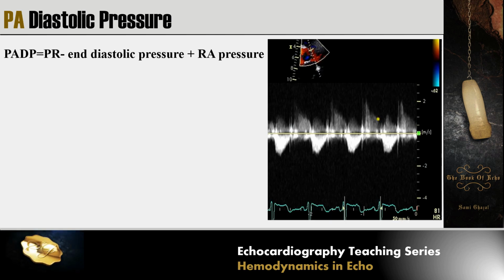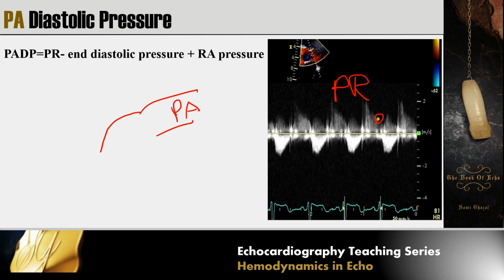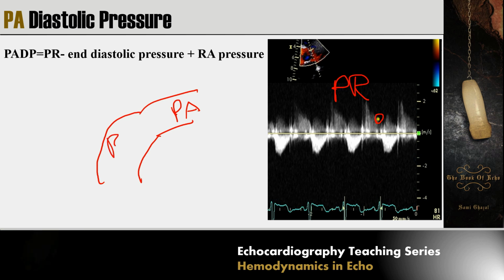Pulmonary artery diastolic pressure is an interesting measurement, because now this end diastolic pressure gradient is a PR jet. So it represents the difference between the pulmonary artery, this is pulmonary artery, and this is the RV.